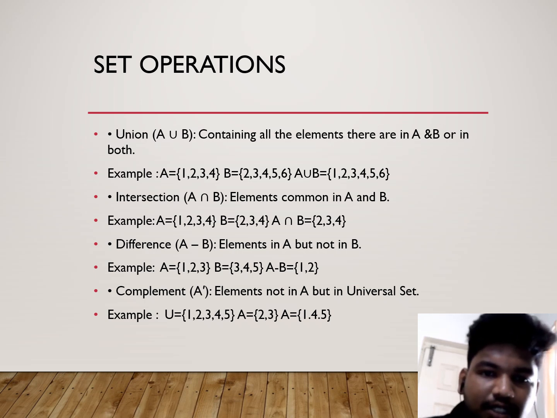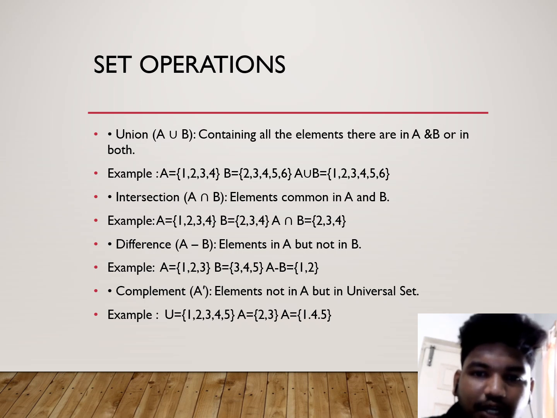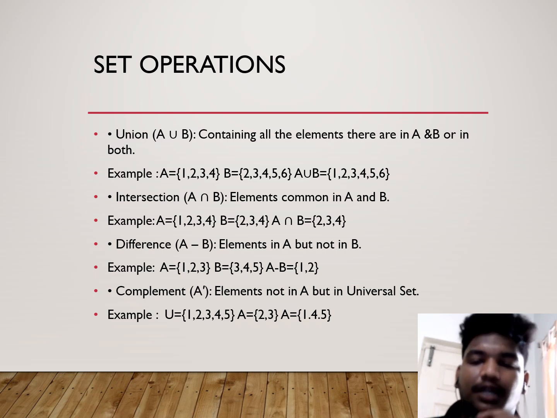You can see here an example of the union. A equal to 1 2 3 4 and B equal to 2 3 4 5 6. A union B is 1 2 3 4 5 6. Union means writing all the elements of the sets.